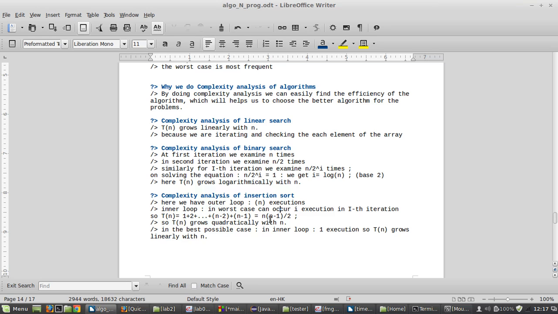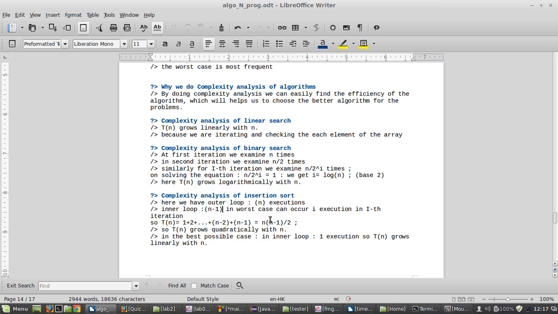So it depends. For the outer loop n minus 1 times, and for the inner loop n minus 2 times. Actually, what happens is that for the outer loop it's n executions, and for the inner loop, in the worst case, i executions can occur in the ith iteration.